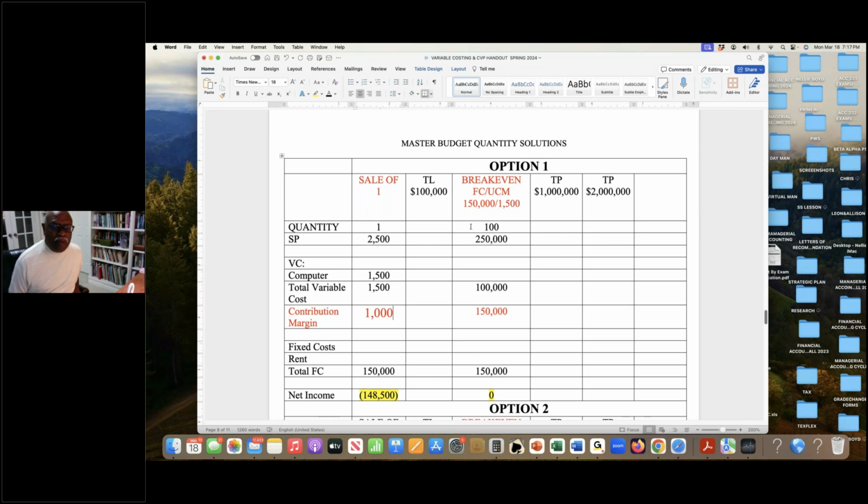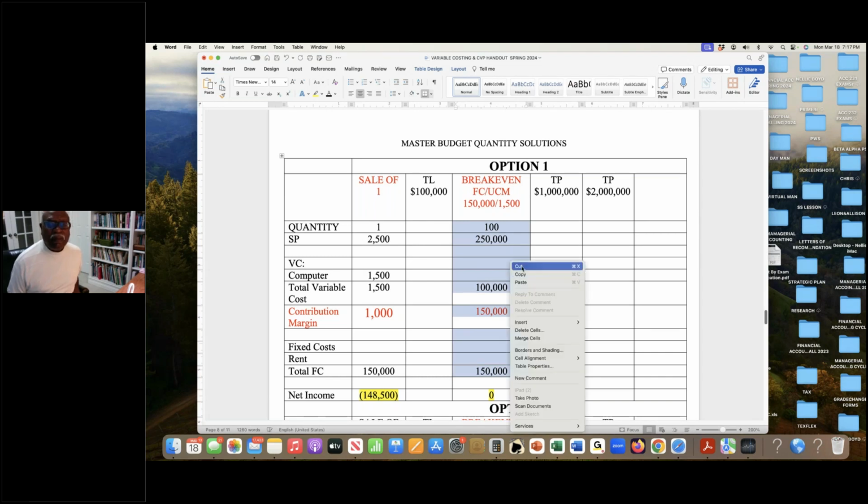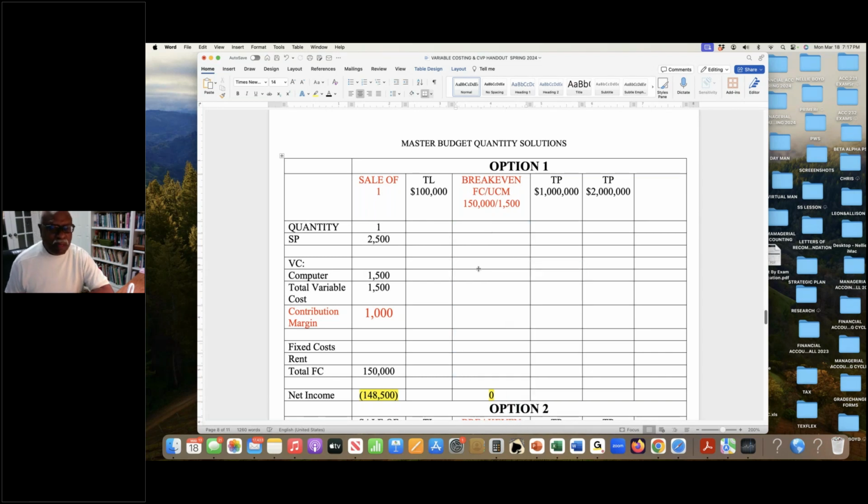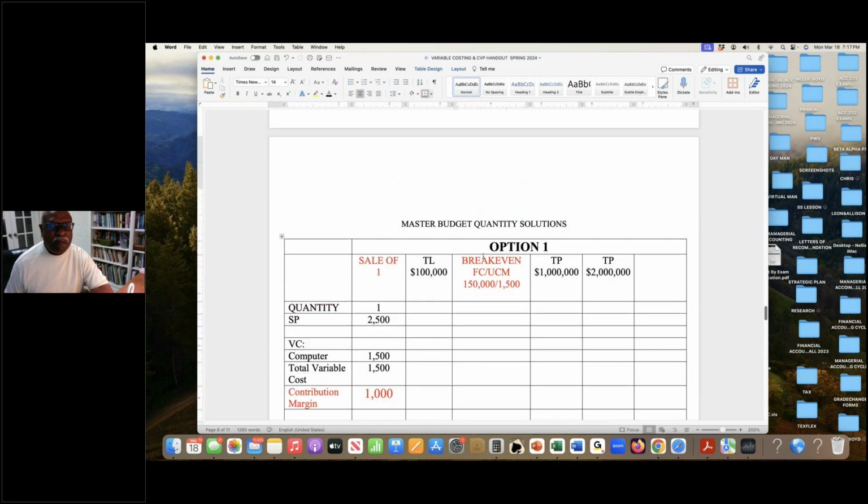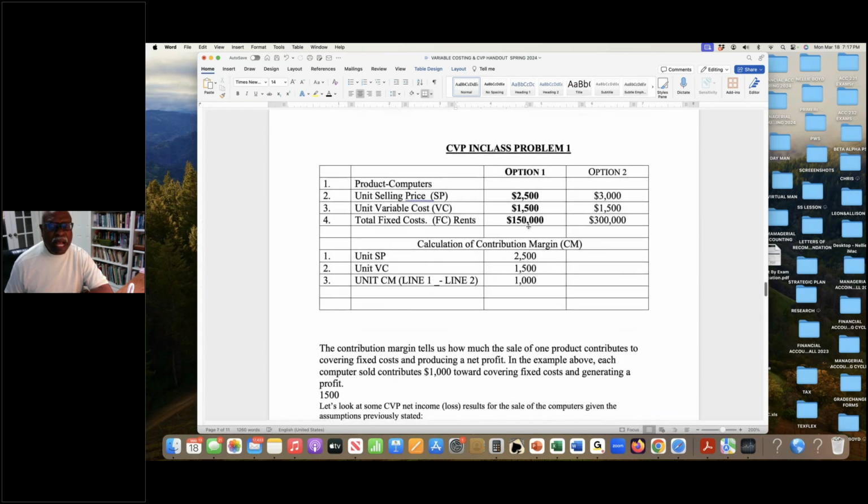Now go and rework it with that information in. What Aisha pointed out was that I pulled down the wrong numbers, so I reversed them. We have them reversed back as they are in the options: 2,500, 1,500, and 150,000.